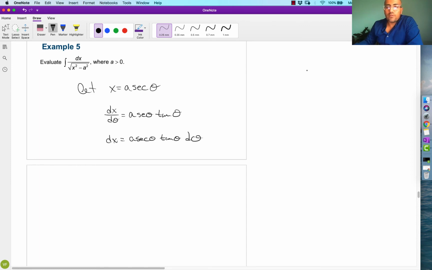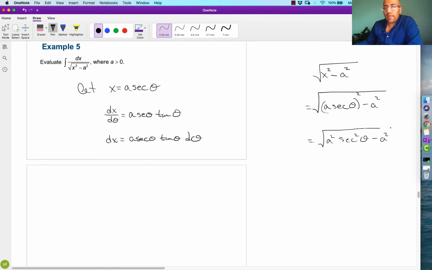Now let's see how this root simplifies. If we end up with x squared minus a squared, and we have the square root of that whole thing. So this ends up being a secant theta, the whole thing gets squared, minus a squared, that thing gets square rooted, which ends up being a squared secant squared theta minus a squared, square root of that whole thing, which gives you the square root of a squared times the square root of secant squared theta minus 1.